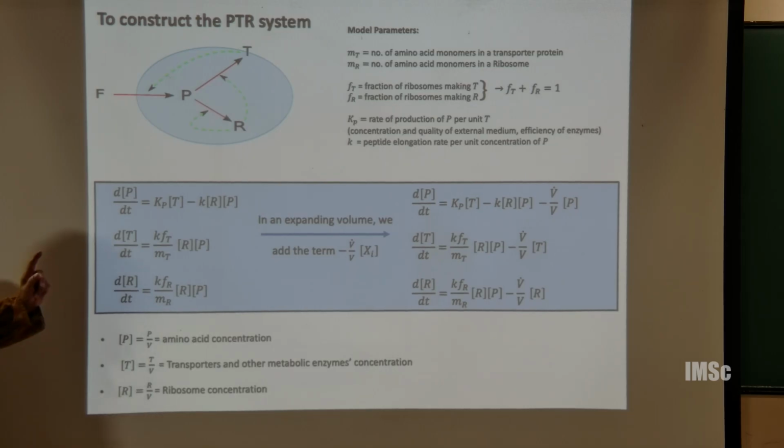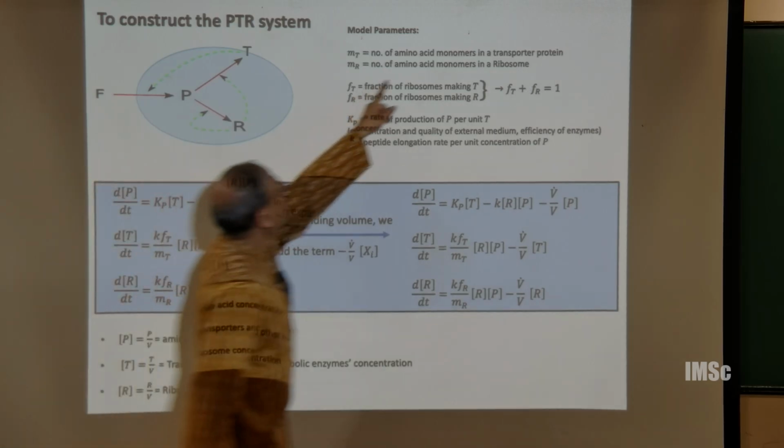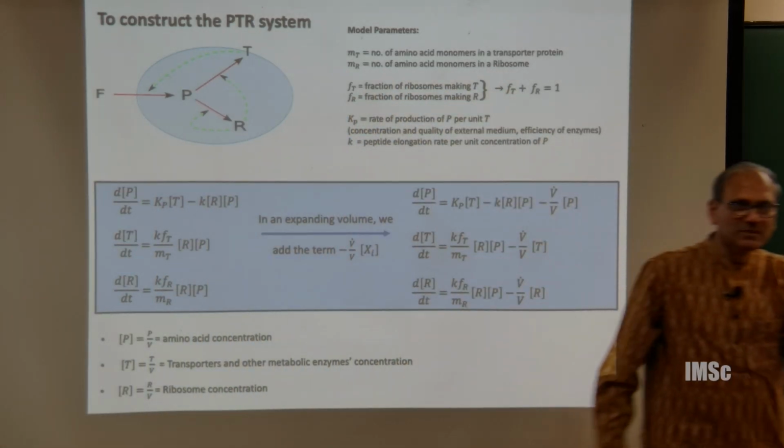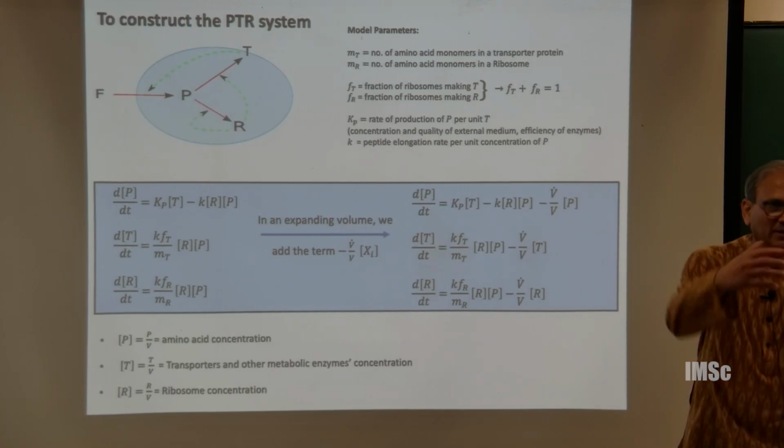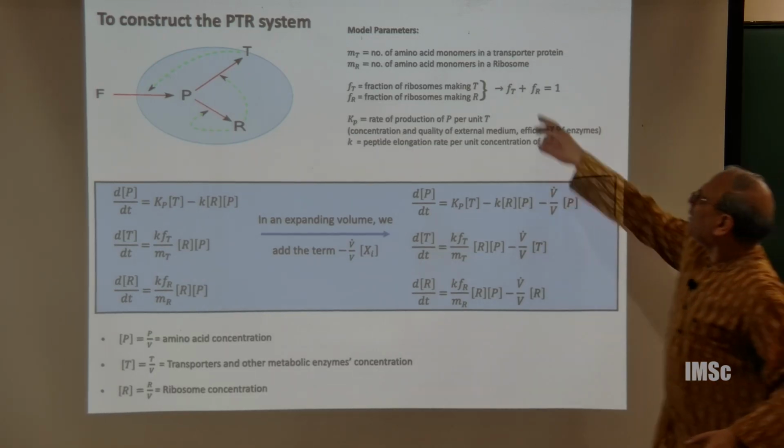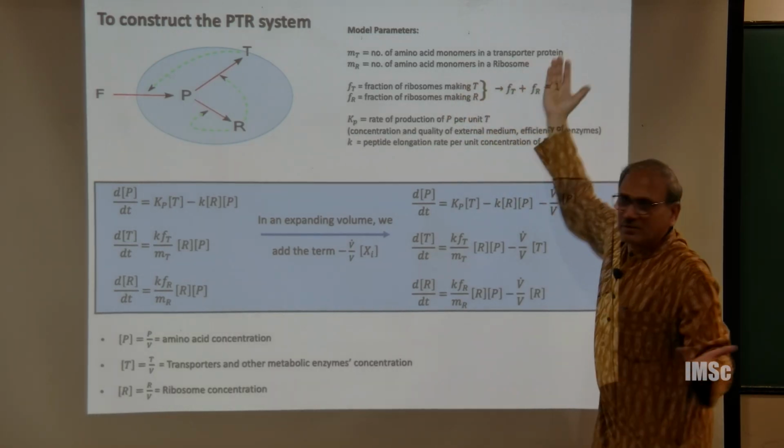Now MT and MR stand for the number of amino acid monomers in a typical enzyme and in a ribosome.